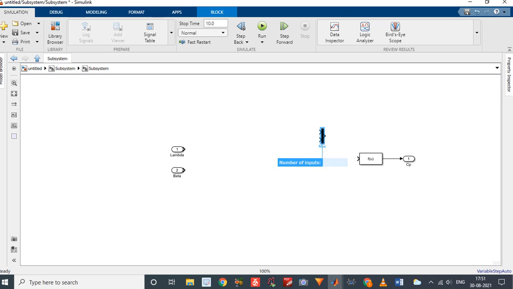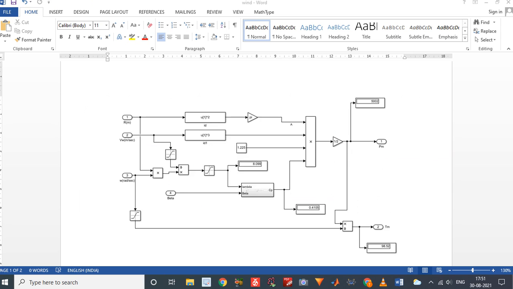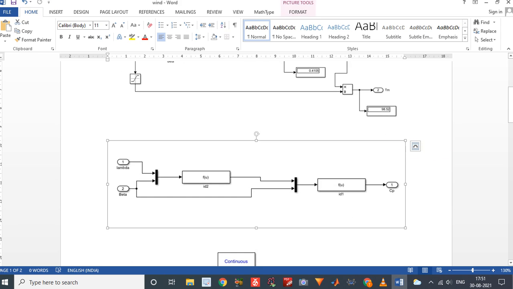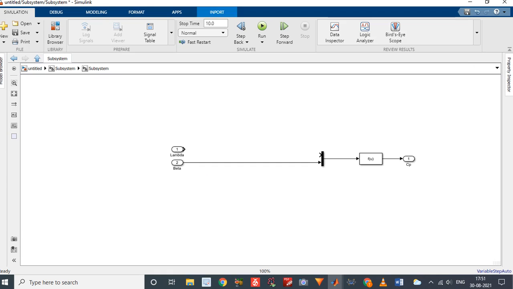Connect this mux to here, and then this lambda would be there directly. You can connect the beta. And I'm taking another mux here, to give both the values to find lambda I. Then I can connect beta or CP value.